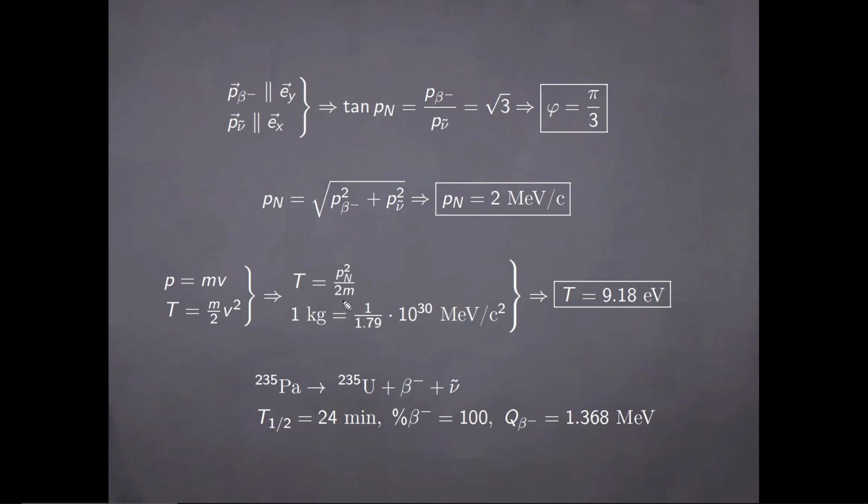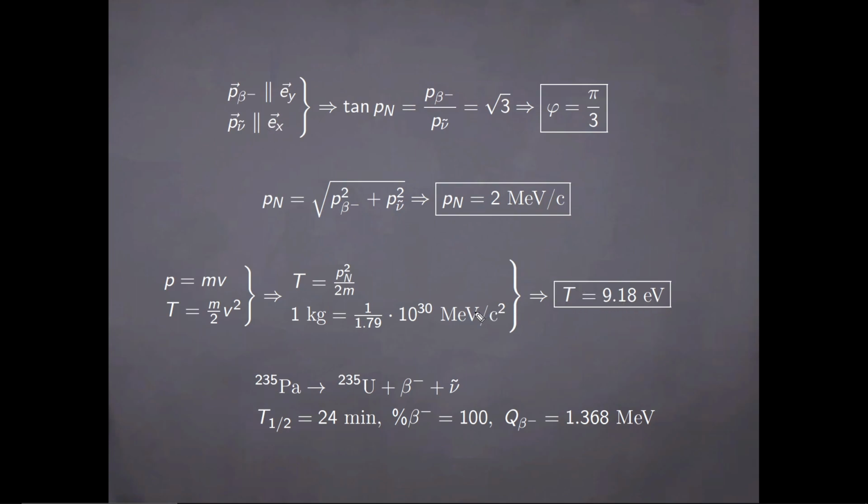And if we bring it here, the end result should be that the kinetic energy is equal to 9.18 electron volts. So even if the nucleus carries a lot of momentum, that momentum is due to its mass. The kinetic energy itself is overall quite low. So due to its heavy mass, the nucleus recoils very little in comparison to the particles that are emitted.